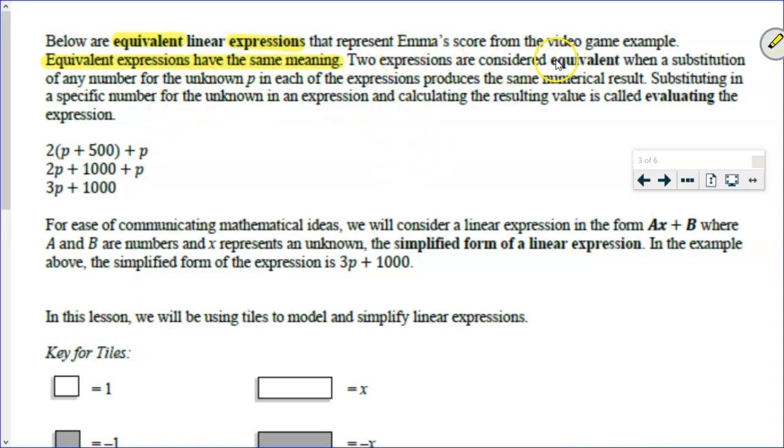Two expressions are considered equivalent when a substitution of any number for the unknown P in each of the expressions produces the same numerical result. That was the part that I just had you skip. We know that they're equivalent because we could have substituted in P is 700 for each one of these, and each one of them would have given us the result of 3,100. Thank you for your trust on that so that we could save some time.